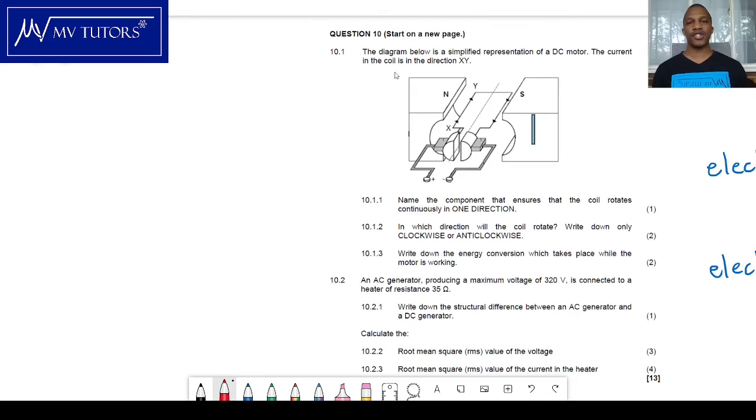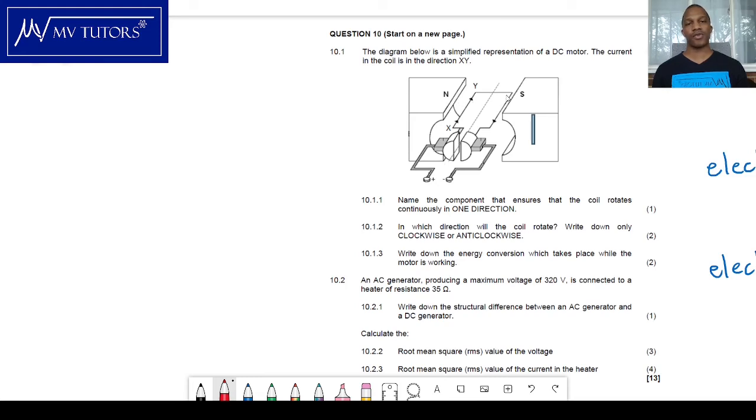Okay, so this question says that the diagram below is a simplified representation of a DC motor. The current in the coil is in the direction X, Y. So we're given the current, and we know by definition the magnetic field is always moving from north to south.